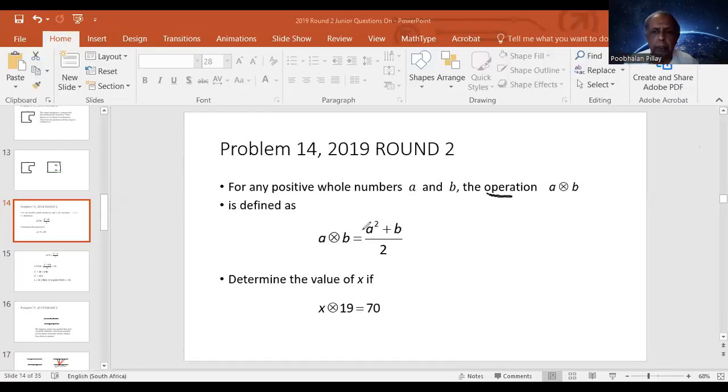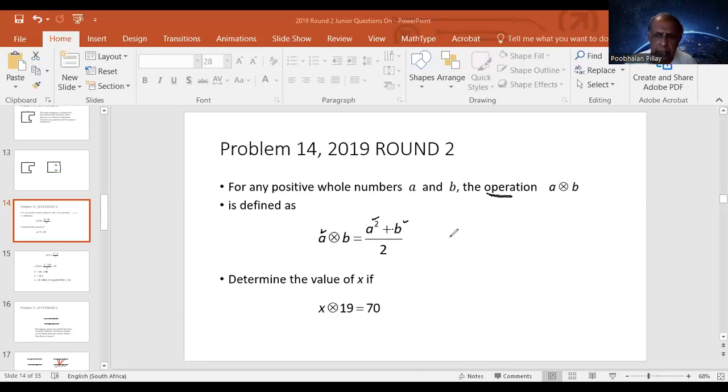This is an operation, like plus a plus b or a minus b or a times b. And this is a new operation. And the operation says that you square the first number, a squared, that's your first number. And you add the second number, you divide the answer by 2, right?